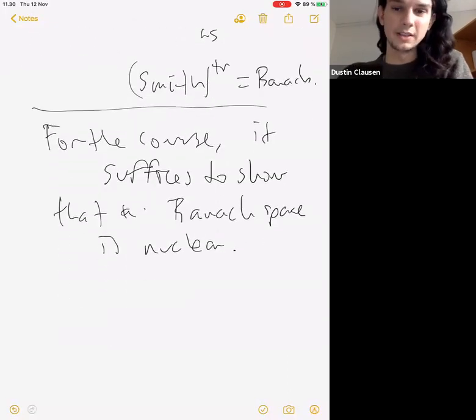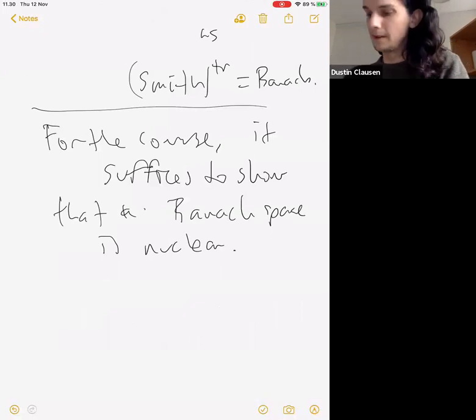Because again, the class of nuclear modules is closed under all colimits. But what do we need to check for that?